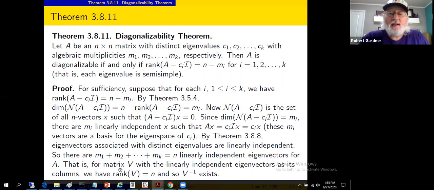All right, and that's leading us to the idea that when we make matrix V, the way we make matrix V using eigenvectors of matrix A, this matrix V will have linearly independent columns, those columns being the eigenvectors.